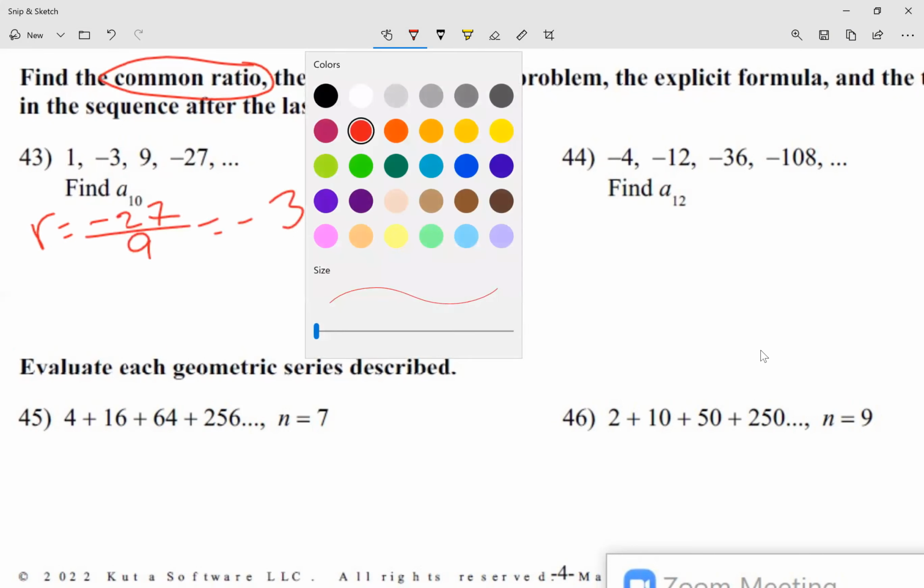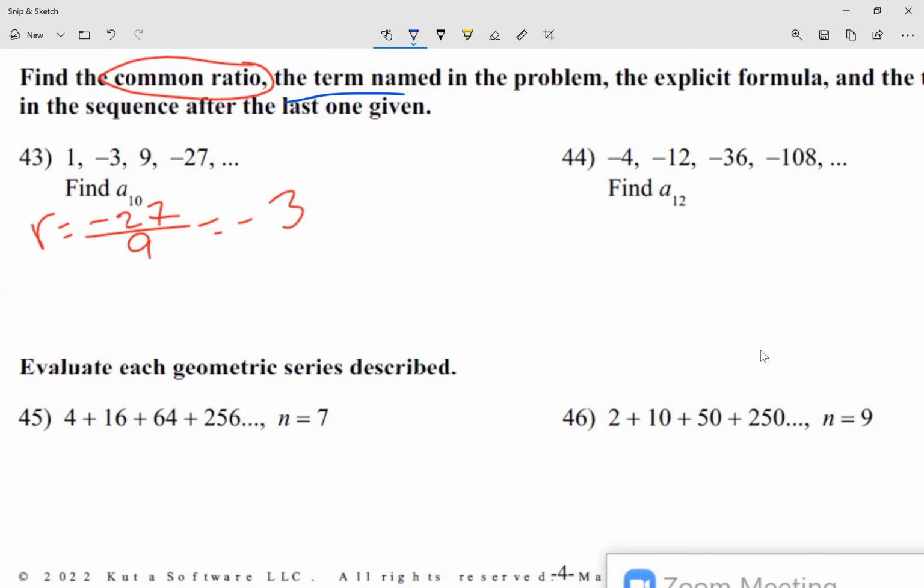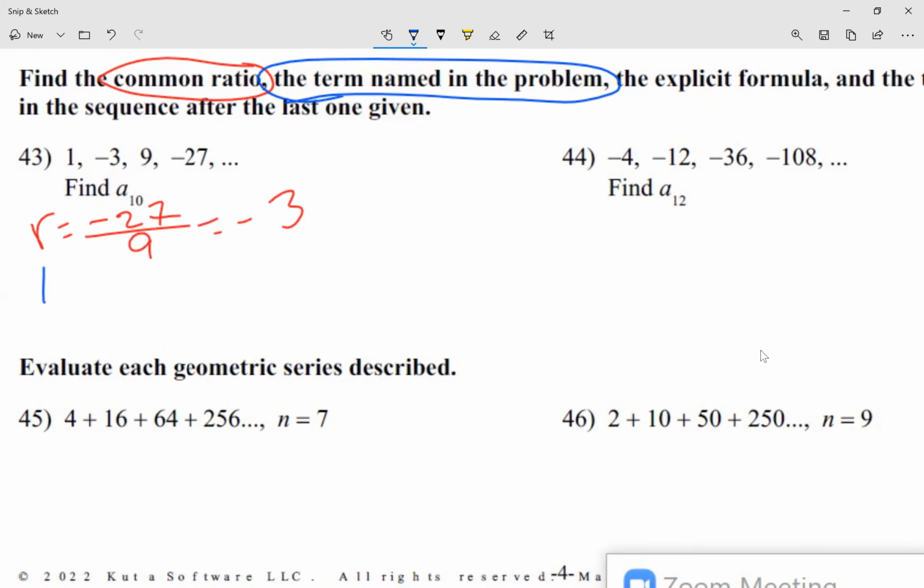Next thing I can ask you guys is the term named in the problem. For this, I'm going to use my first number. My first number in the list is 1. And I'm going to multiply my ratio, which I found in the previous question is a negative 3, so many times. Because I'm going to find the 10th number on the list, I'm going to multiply my ratio 9 times.